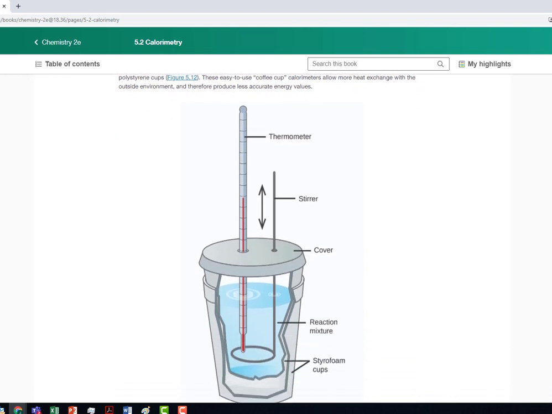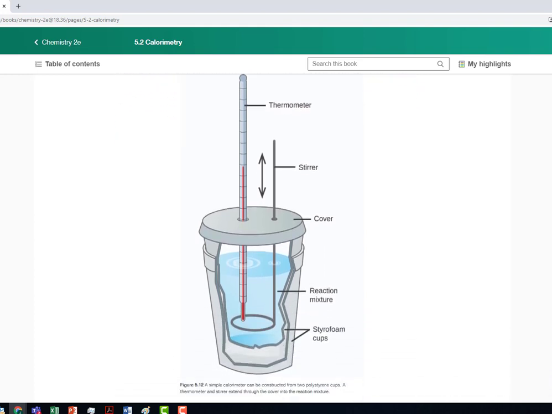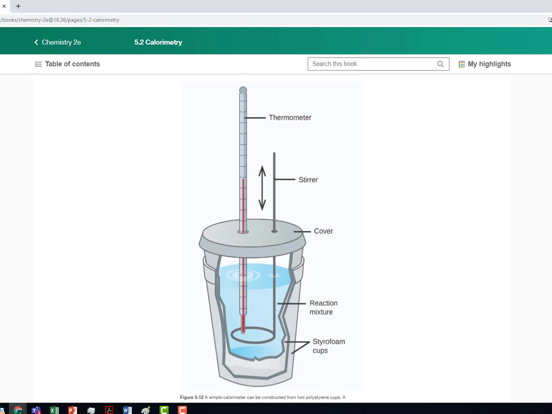If we were being really exact in terms of wanting the best results, we would figure out how much heat the actual coffee cup itself is absorbing. But for the sake of what we're doing, we're going to assume that any heat being absorbed is by the water inside. And the water inside, we know what the heat capacity is, and if we know how much water we have, then we can easily do a calculation to figure out how much heat is transferred.